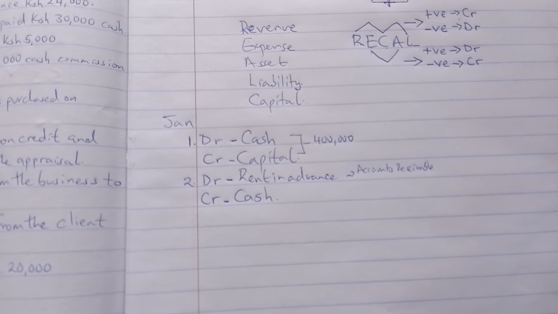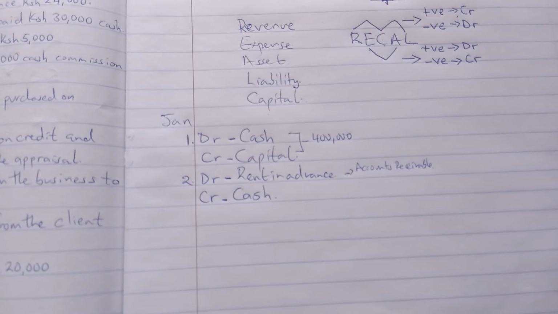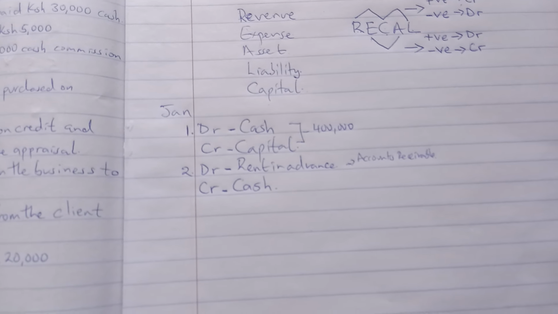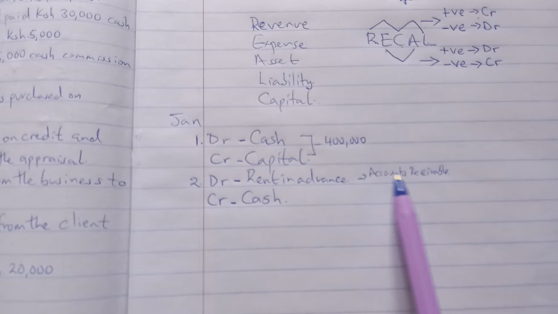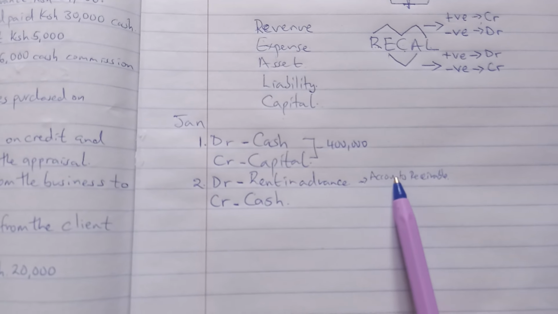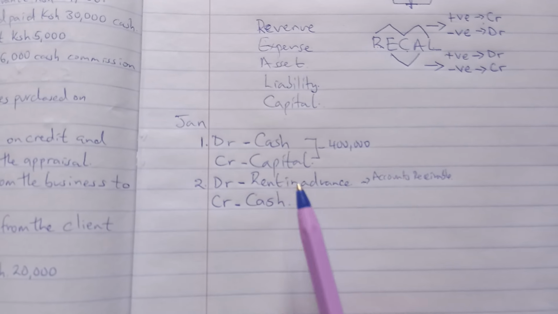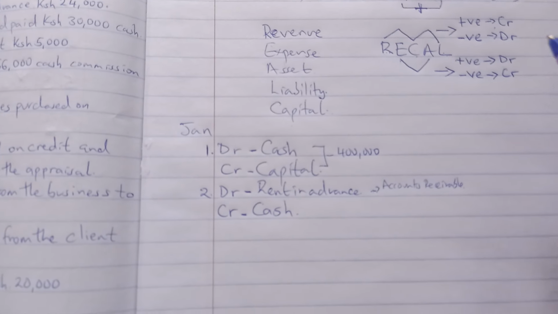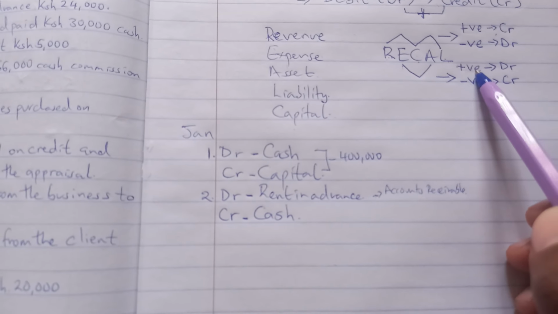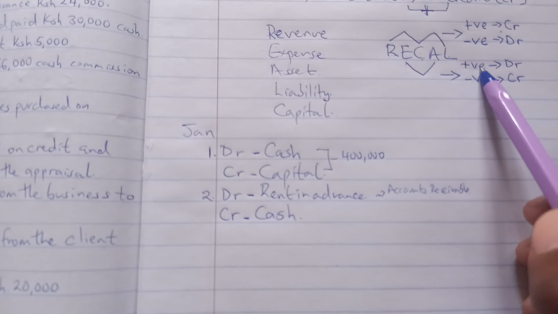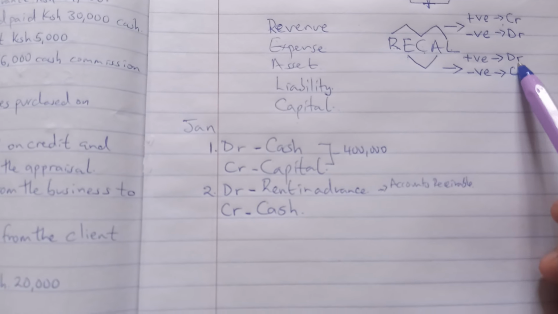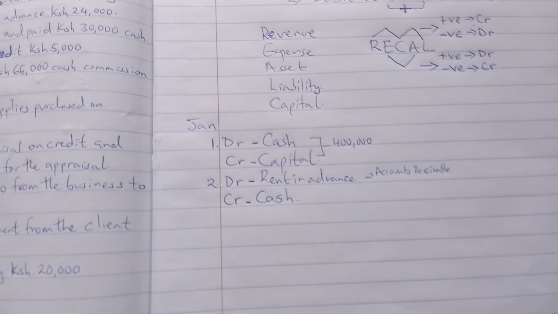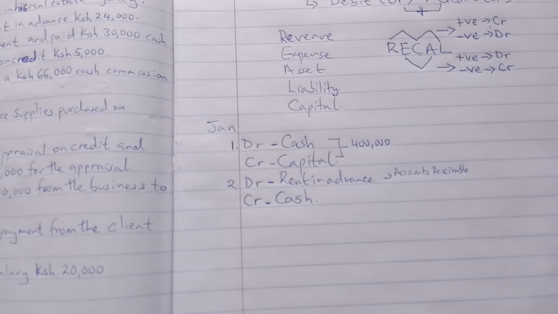I will explain further what accounts receivable is. But under the statement of financial position, which is the last statement we will do in this series, we will see that accounts receivable is an asset. So since we didn't pay rent in advance, but now we have paid, it is a positive change. It is an asset and there is a positive change. That's why we have debited. Any questions, kindly just comment and I will see it and I will reply.